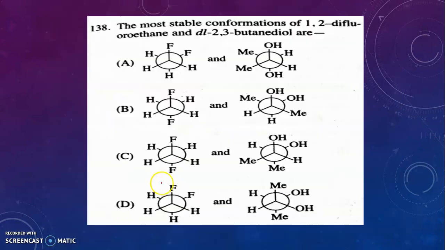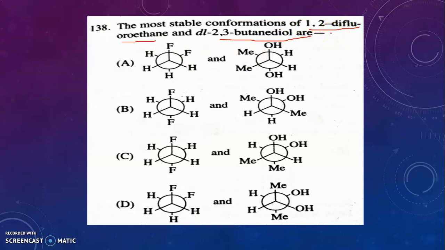Then next question. The most stable conformations of 1,2-difluoroethane and DL 2,3-butanediol. Yeah, they are asking the most stable conformations for these two compounds. See, the first compound is very simple.